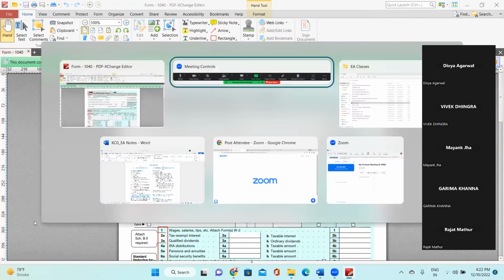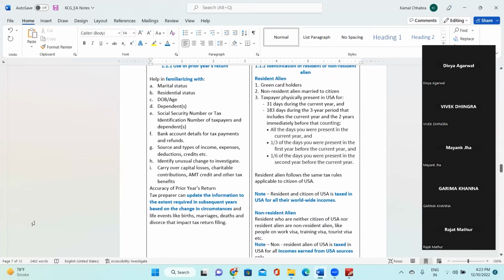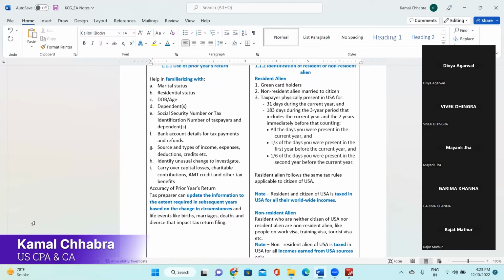So in the same way, if you go into this file which I'm sharing with you, it will help you familiarize yourself with the following content of the individual: their marital filing status, residential status, date of birth, age, number of dependents, social security number or tax identification number, and bank details.